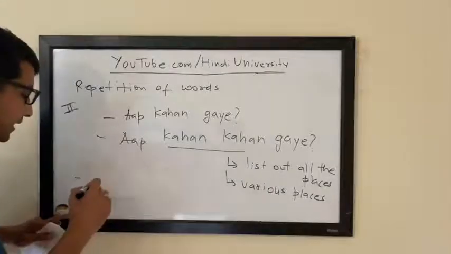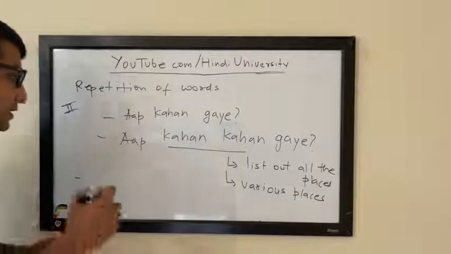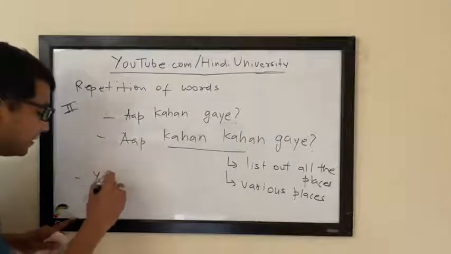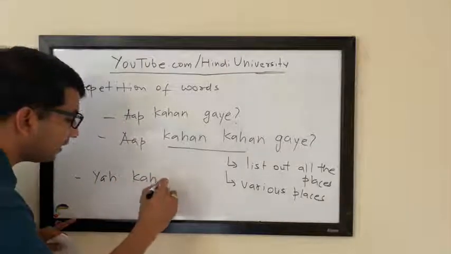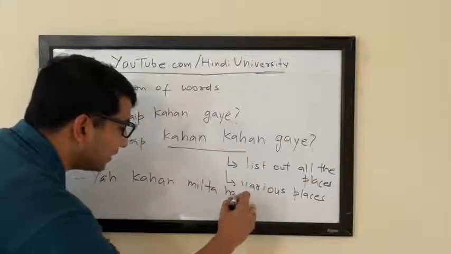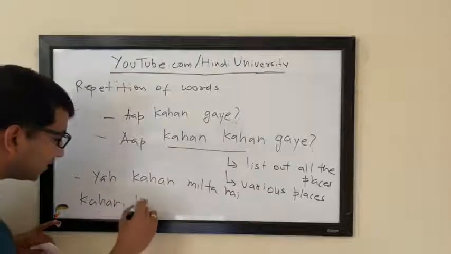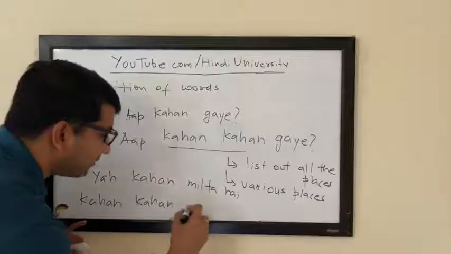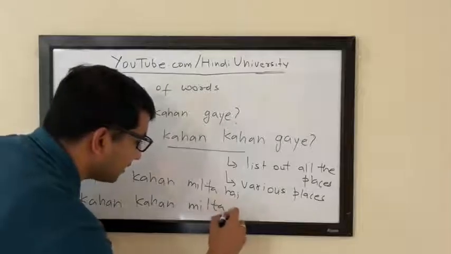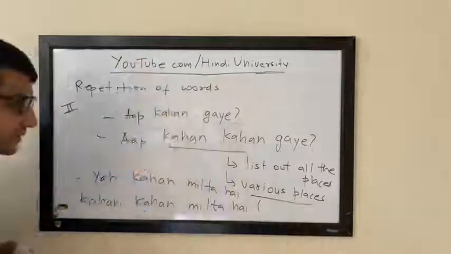Let's say you want to find a product. One is you'll say "yeh kahan milta hai, ye Bharat mein kahan milta hai," versus "yeh kahan kahan milta hai." Again indicating various places.